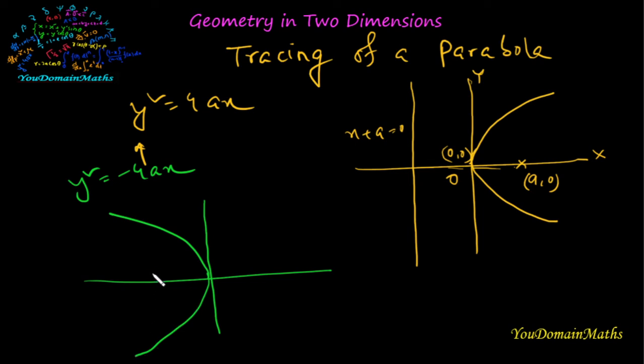Then the focus is minus a, 0, and the directrix is at this position. This is S, these are the points M, and this is O. So OS equals OM, that means this equals a, and the origin is denoted by 0, 0.